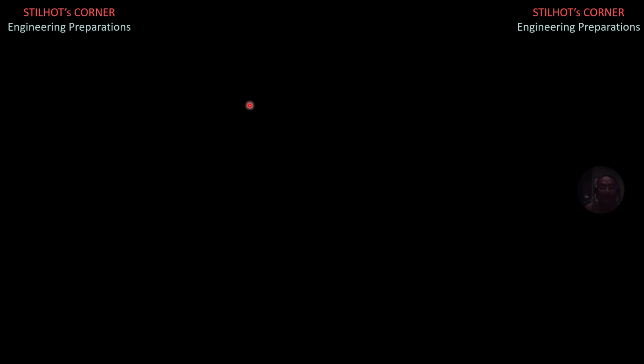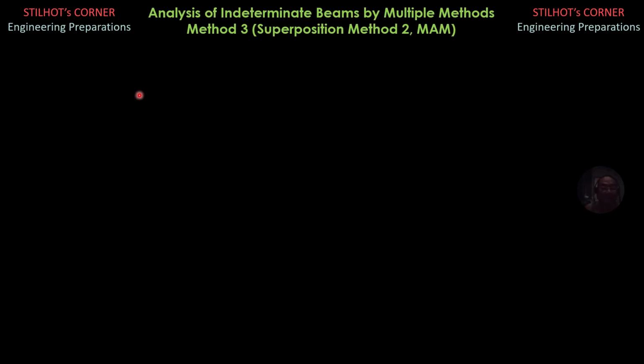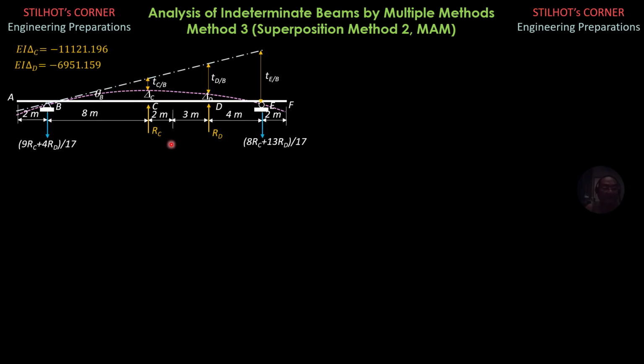So let us continue. Remember that in the preceding slides, we left these values here. This time, we apply the upward reactions at C and D and compute delta C, which is positive this time, and delta D, positive this time because of these upward reactions.